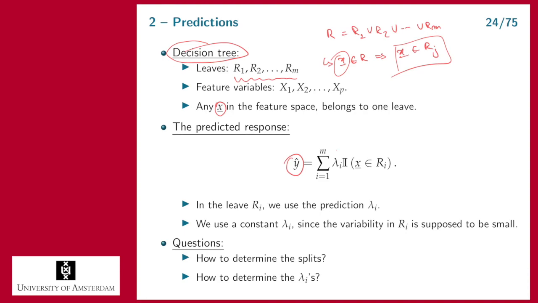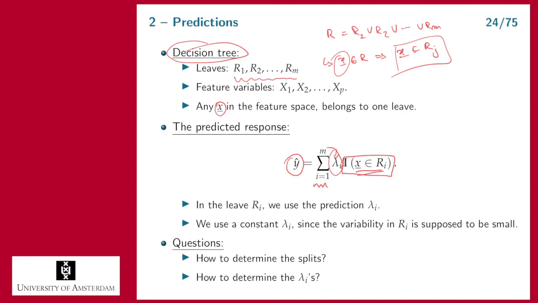We have the lambda i, which is the prediction for leaf i. So it means that if I'm in leaf 1, my prediction is lambda 1. If I'm in leaf 2, R2, it's lambda 2. Then I take a sum here. I take the lambda i and I take this indicator, which means that this is equal to 1 if what we have here is true and 0 else.